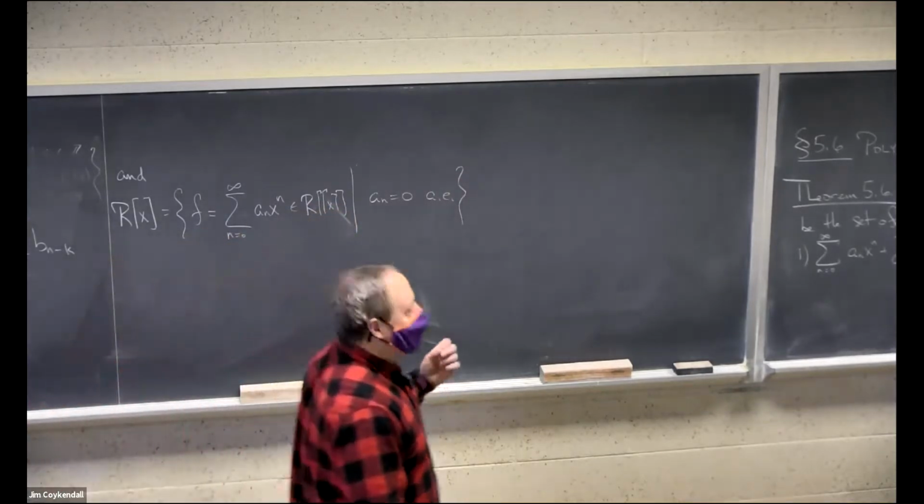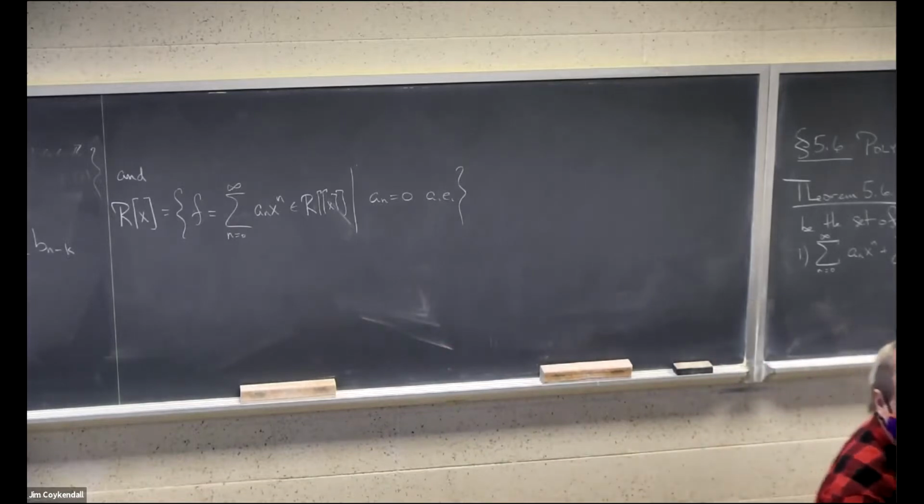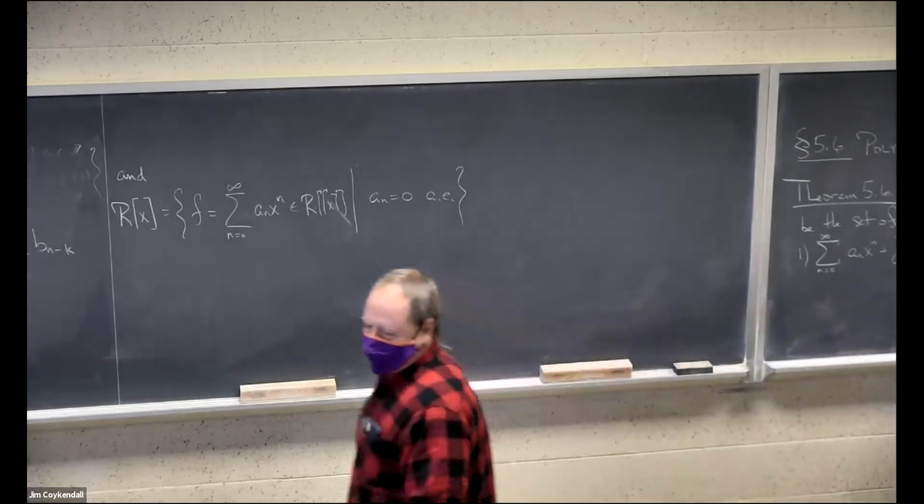So in other words, all but finitely many coefficients in the power series have to be 0. And what does that give you? That gives you a polynomial, because you have to end in an infinite string of zeros.